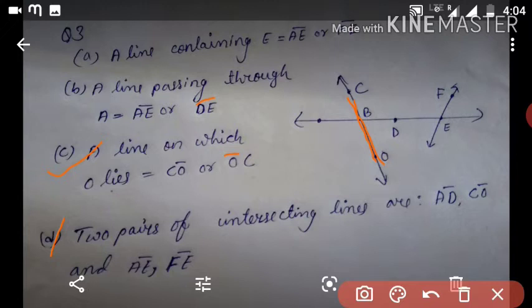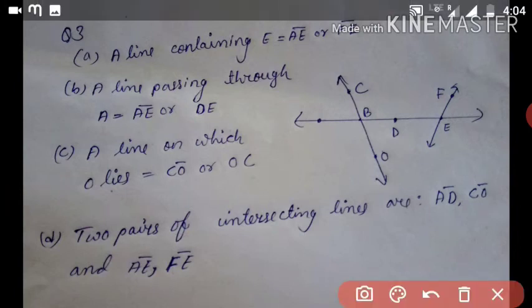Now for question D, two pairs of intersecting lines. Which are the two pairs of intersecting lines? This is A, okay. Now AD, intersecting means we know the lines which cut each other, isn't it?